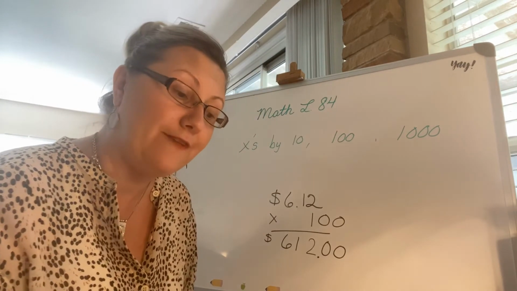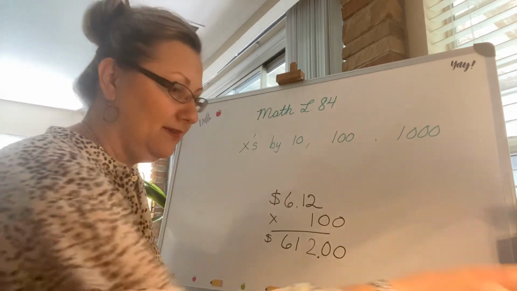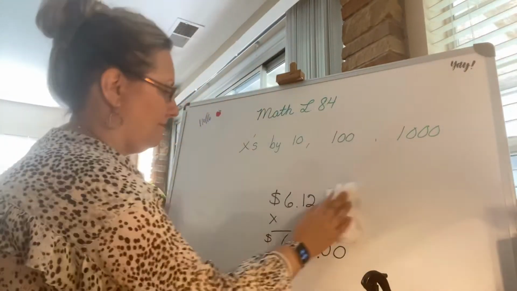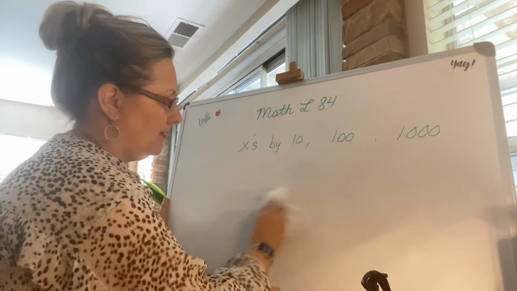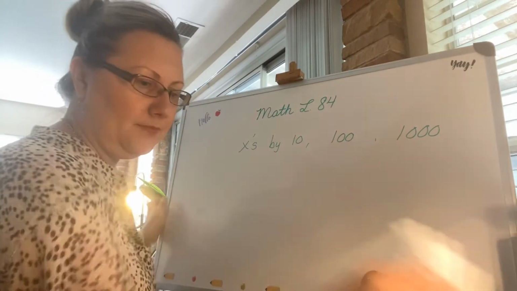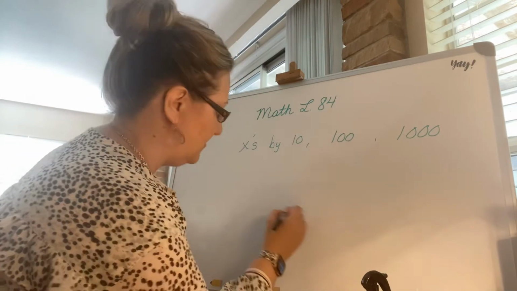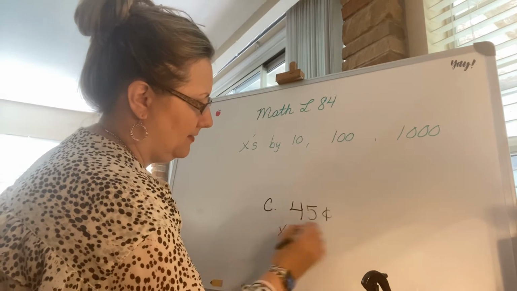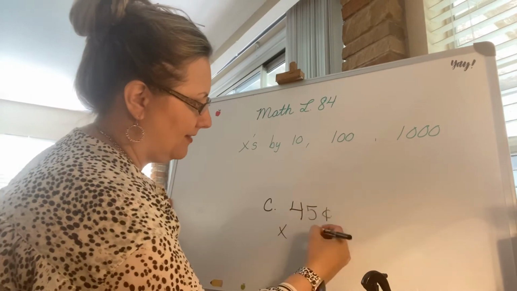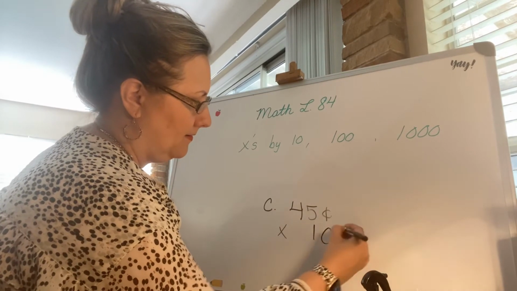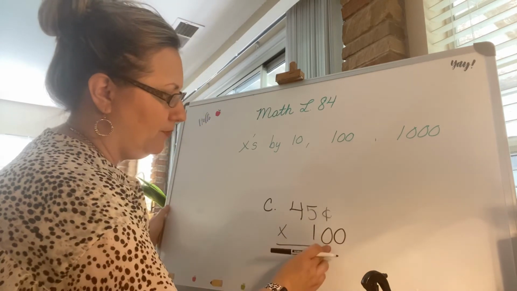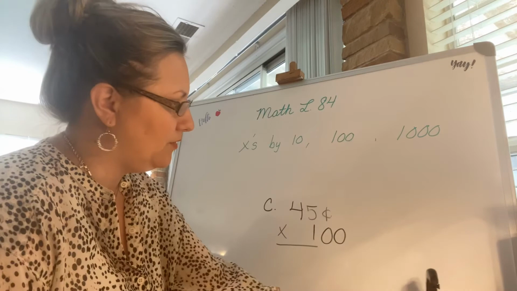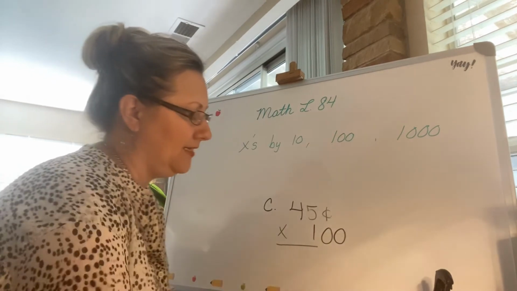Now, if we have 45 cents times 1,000, which is letter C, I would do it exactly the same way. Put that multiple of 10 with the zeros hanging off to the side, and it's the same thing.